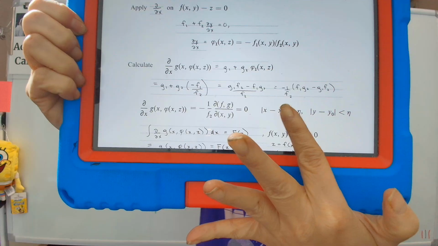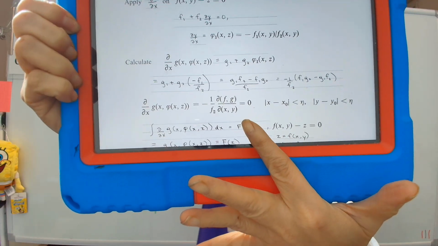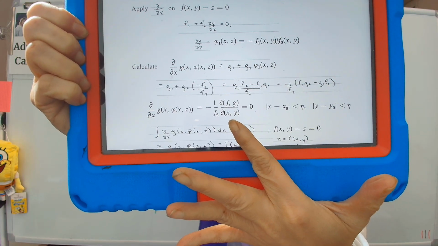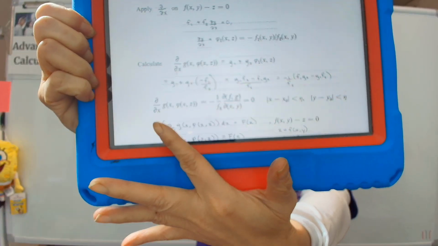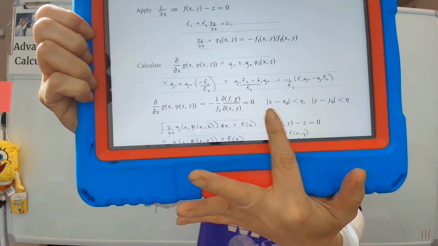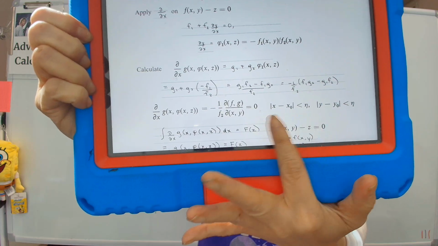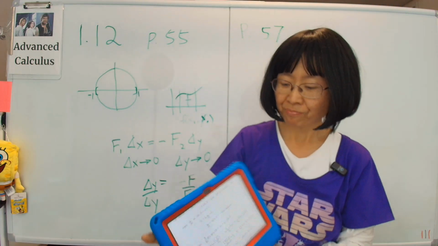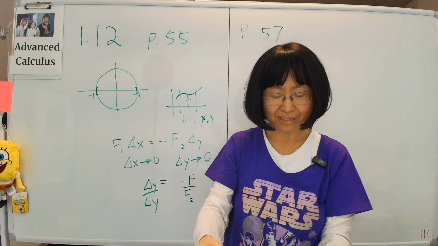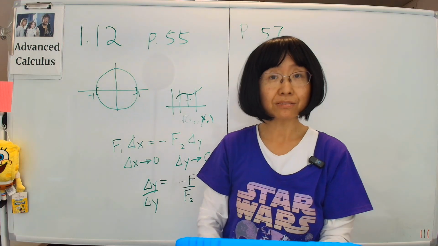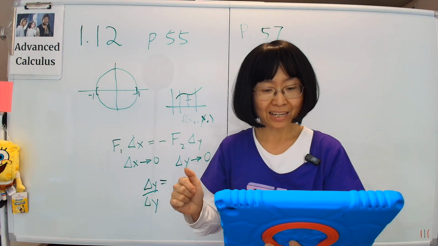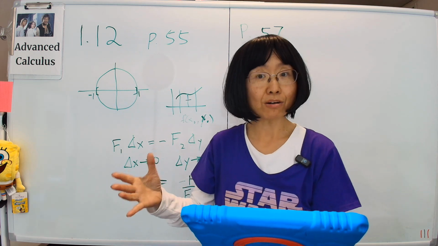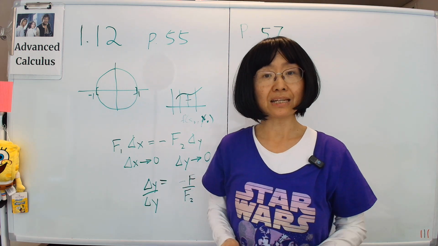Notice the stuff in parentheses: that's exactly the Jacobian. Remember that one of the conditions is that the Jacobian is 0, which means this partial derivative right here equals 0, in the required neighborhood, of course. So now we have calculated that the partial derivative with respect to x of G with phi plugged in is identically 0, which means we can integrate it.